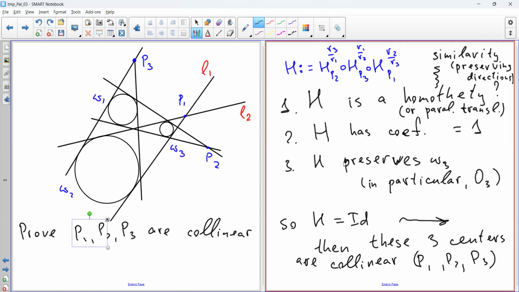The only possible exception is when the resulting coefficient is one. Then it may be a homothety with at least one constant point, in which case it is actually the identical transformation, or it may be a parallel translation, a parallel shift. Then it's not a homothety, because it has no constant points at all, no center of homothety.